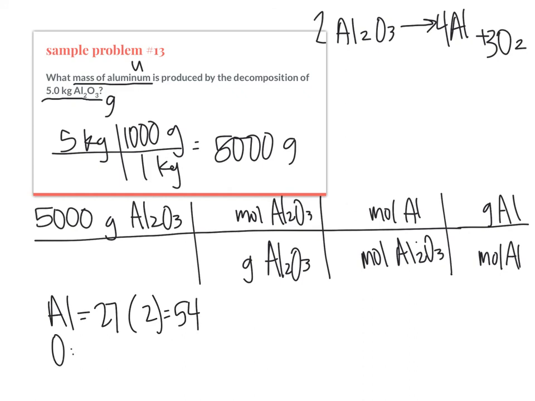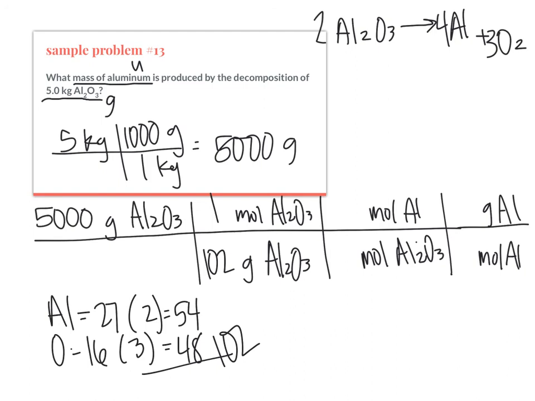And then oxygen is 16 times 3 is 48. Added together is 102. 102 grams equals 1 mole. Using our balanced equation over here, 2 moles of Al2O3 equals 4 moles of aluminum. 1 mole of aluminum equals 27 grams.